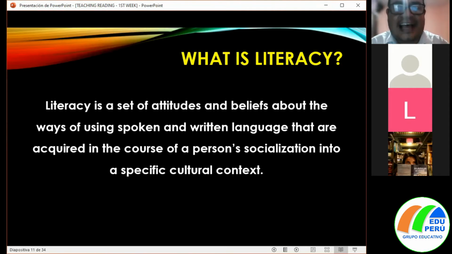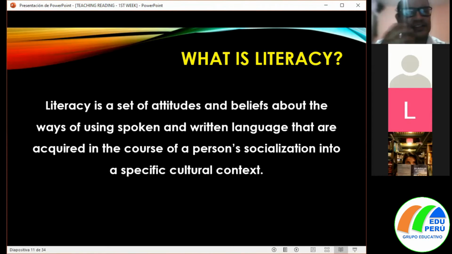It's a set of attitudes and beliefs about the ways of using a spoken and written language that are acquired in the course of a person's socialization into a specific cultural context. So notice here, attitudes, beliefs, about what? About how you use, the ways you use the spoken and written language. Notice, spoken and written language.